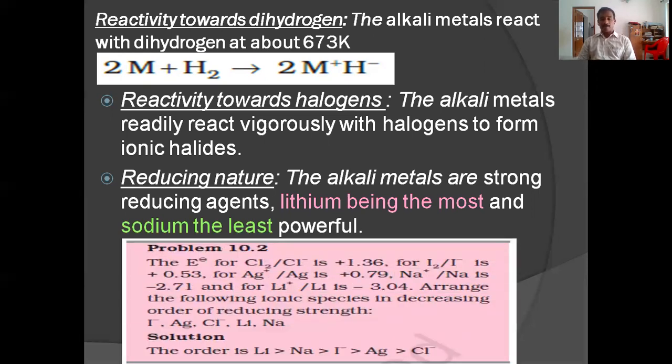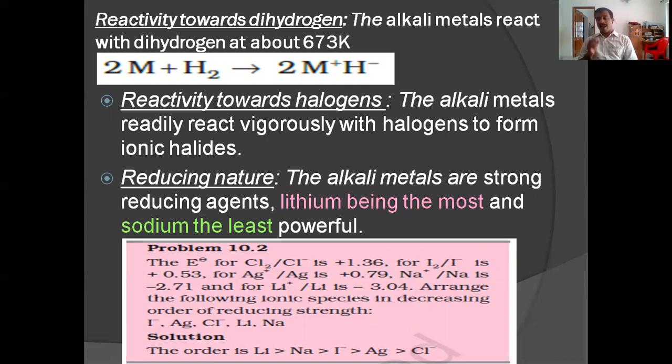Now a question for you. The E0 of Cl2 bar Cl minus is plus 1.36. I2 bar I minus is plus 0.53. Ag plus bar Ag is plus 0.79. Na plus bar Na is minus 2.71. And Li plus bar Li is minus 3.04. Arrange the following species in decreasing order of reducing strength.